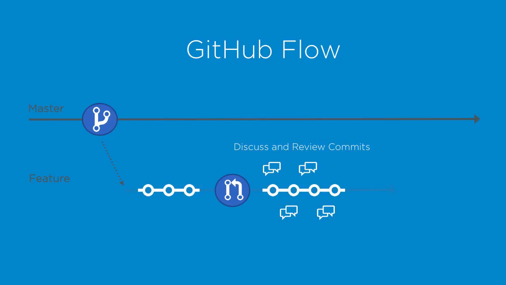With the opening of a pull request, discussion and review of your commits can now take place. For those reviewing your commits, they have full visibility to the changes you're making and can comment to the pull request generally, or it can get as granular as commenting on a specific line of code or content change in each file. This is a great way to ensure that these commits are following project guidelines or any specific coding styles.